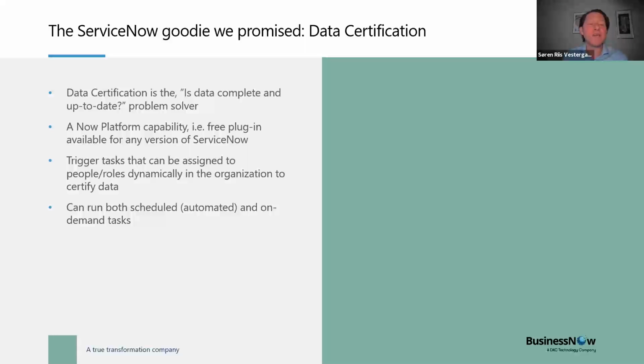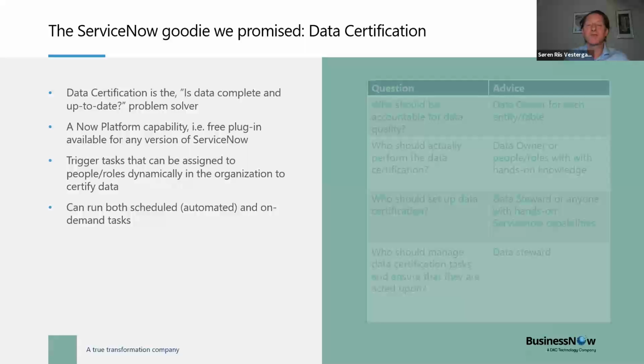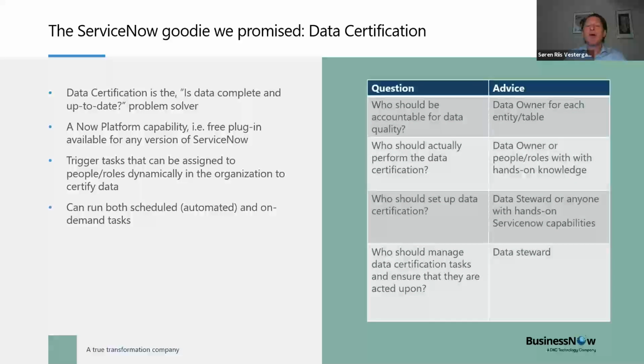These data certification tasks can run scheduled so that they are triggered every 3 months, or they can run on demand if you want to create sort of a one-off. Now we're going to make a check on the completeness and correctness of specific data. So accountable for data quality in ServiceNow should be the data owner, who should actually perform the data certification. Well, the data owner is not the one who actually maybe has the hands-on knowledge.